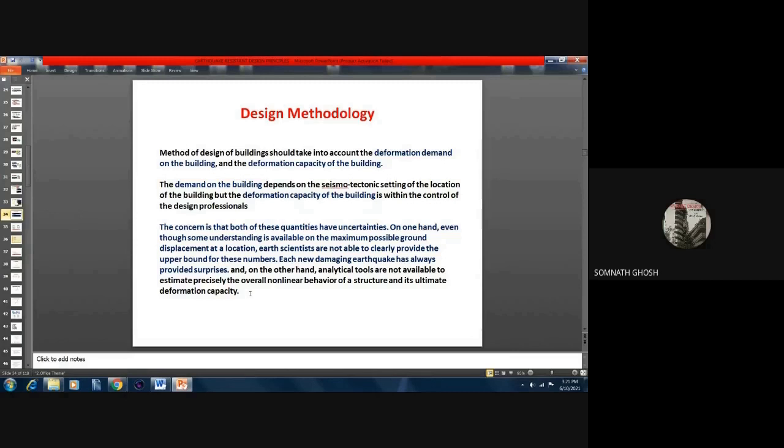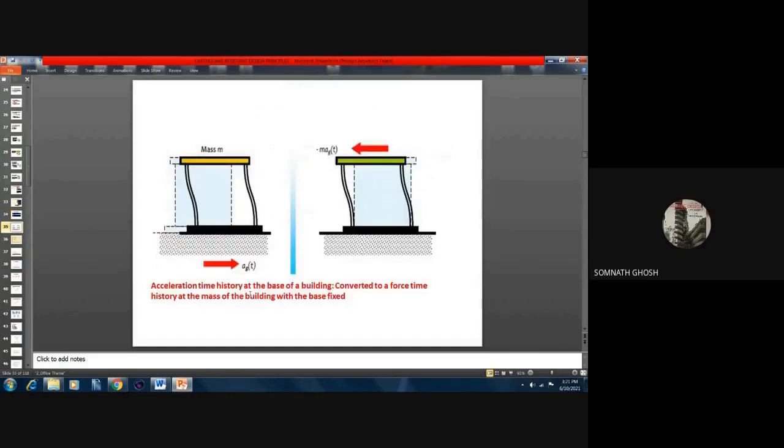But even then you have to do something so that even if something happens which you never anticipated, the structure will not collapse. Right? So this is the kind of thing these structural engineers are continuously working on, and they are suggesting in the code.